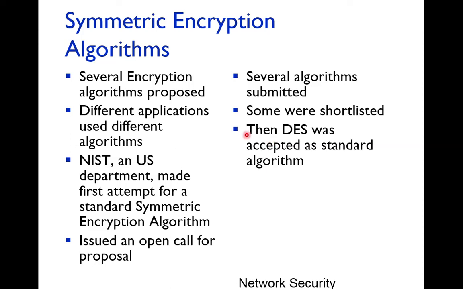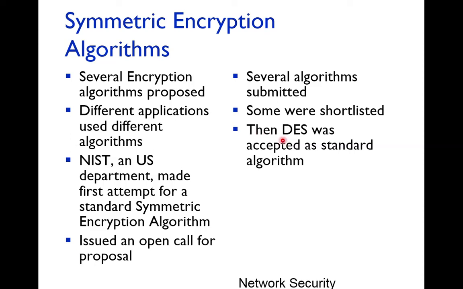This helped to standardize encryption. Before this, different applications were using different encryption algorithms. When DES came, it was standardized, and after this each and every application was using DES.